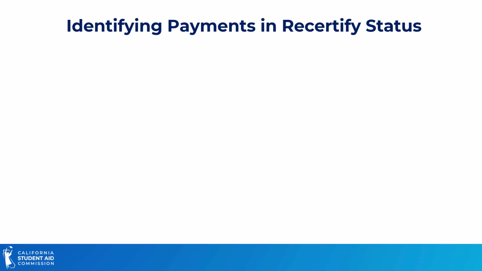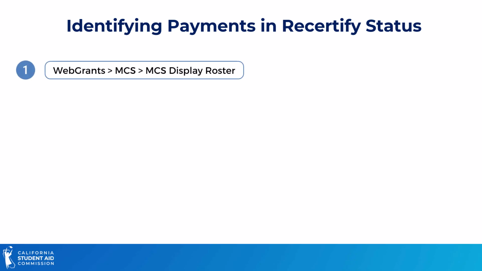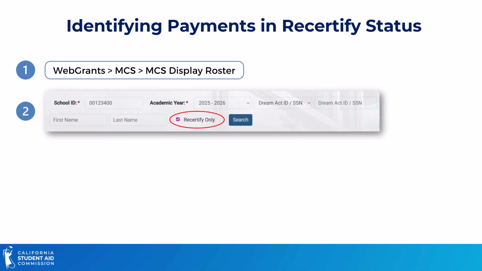To identify payments in recertify status, start by logging into Web Grants and selecting MCS display roster under the MCS banner. Next, check the Recertify Only box and then click Search.